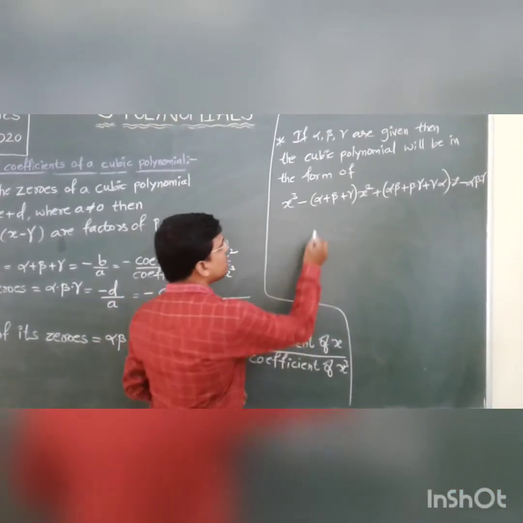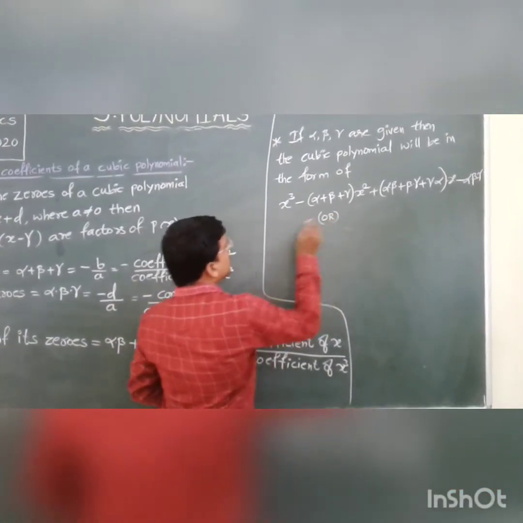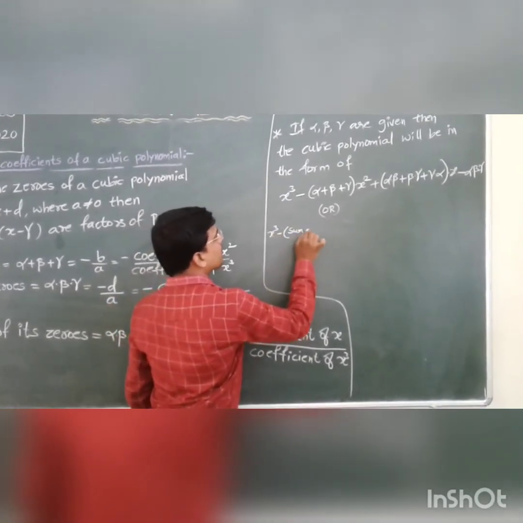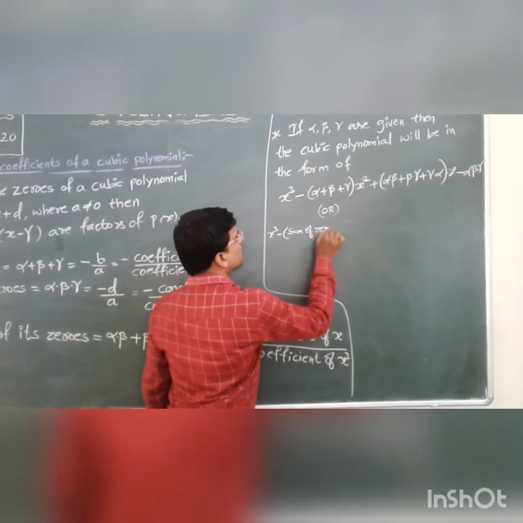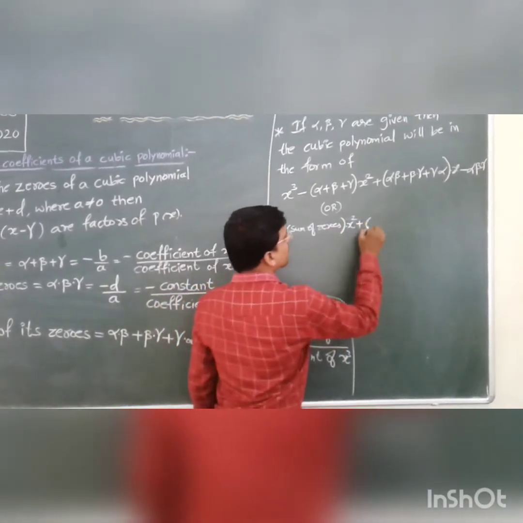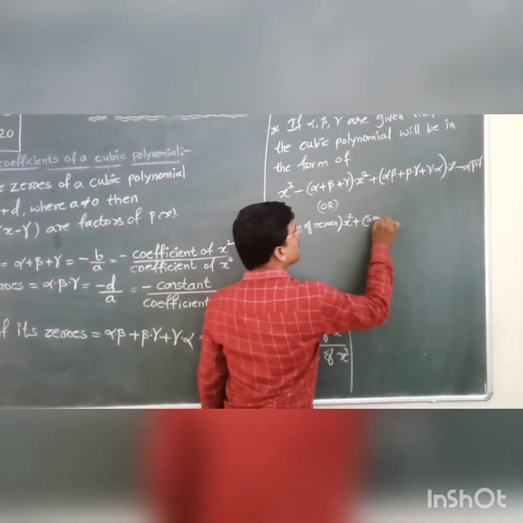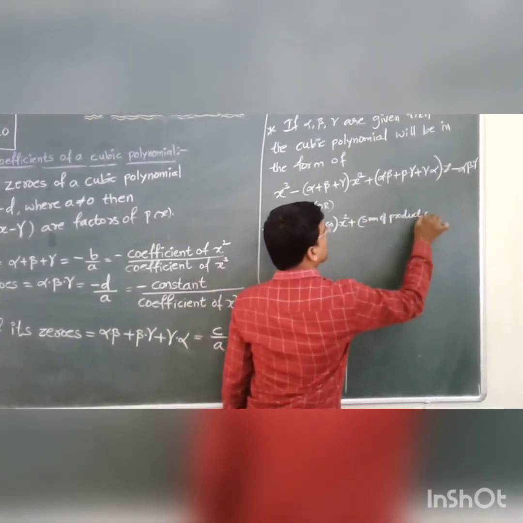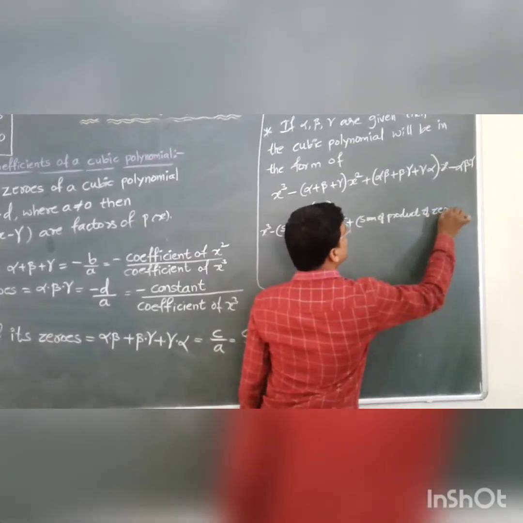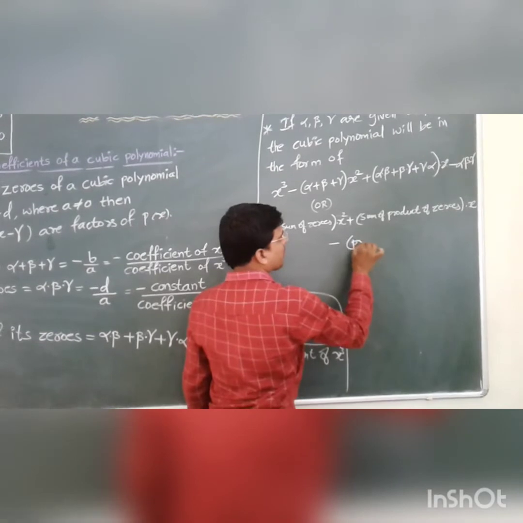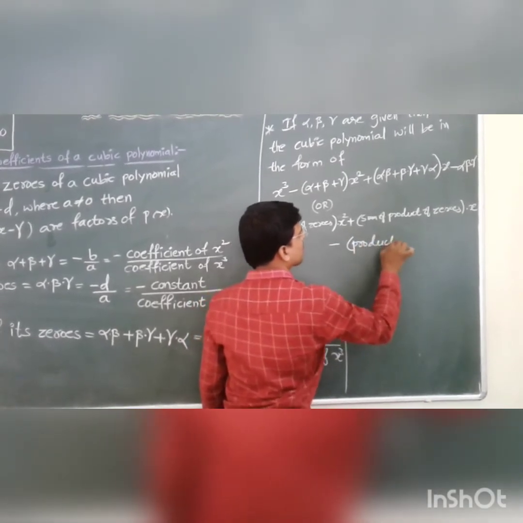Otherwise we can write it in this manner: x cube minus sum of zeros into x square plus sum of product of zeros into x minus product of zeros.